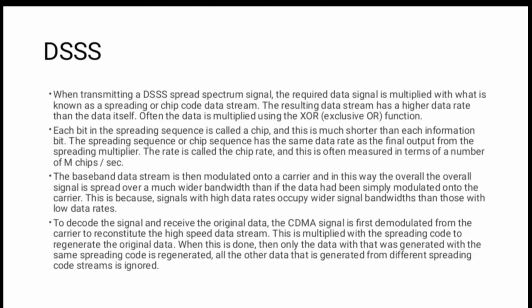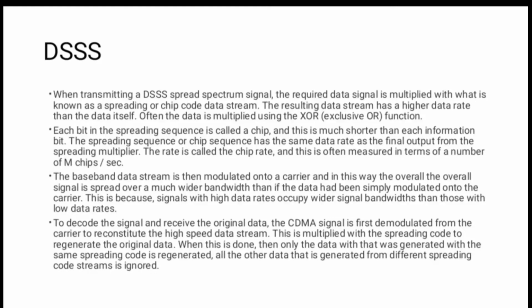The spreading sequence or chip sequence has the same data rate as the final output from the spreading multiplier. The rate is called the chip rate, and this is often measured in terms of Mchip.